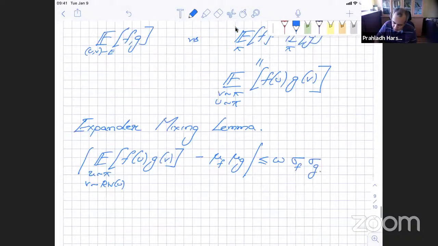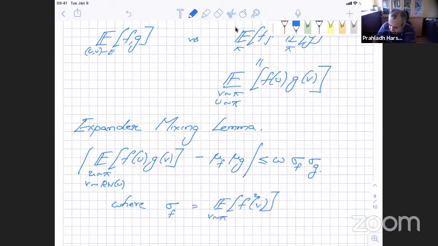And what is sigma F? Sigma F is just our usual standard deviation. So sigma F squared is the expectation of F squared of V when V is picked from pi, minus the expectation of F squared. Let's write it: the expectation of F(V) squared when V is picked from pi.